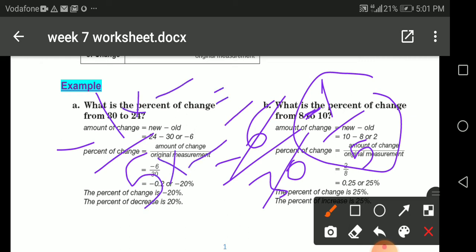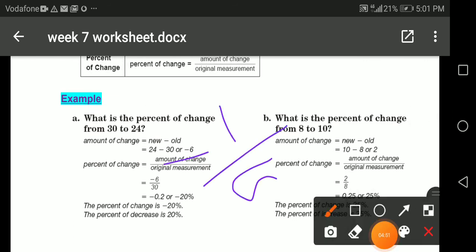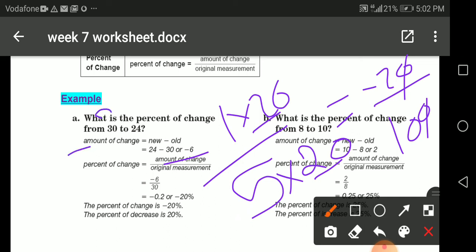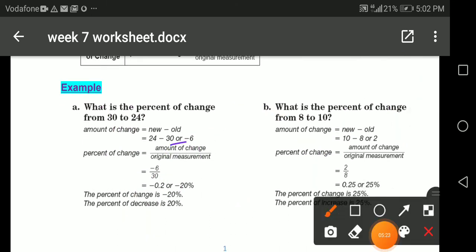To get 100 in the denominator, multiply by 20 and 20. So you've got negative 20 over 100, right? Zeros go with zeros, so we've got negative 2 over 10, which is negative 0.2.